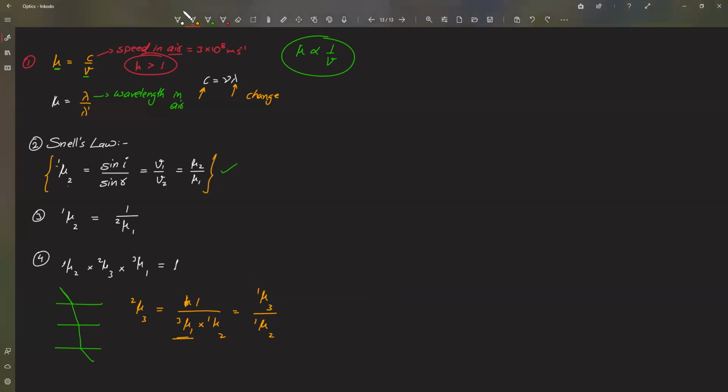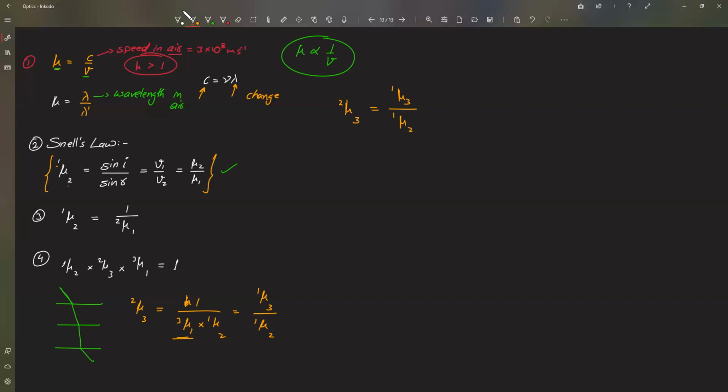So the most generic form is this: for light traveling from medium 2 to medium 3, it will be mu 3 with respect to a common medium divided by mu 2 with respect to a common medium.